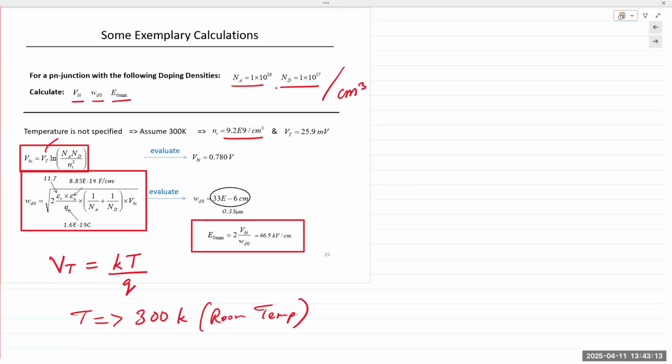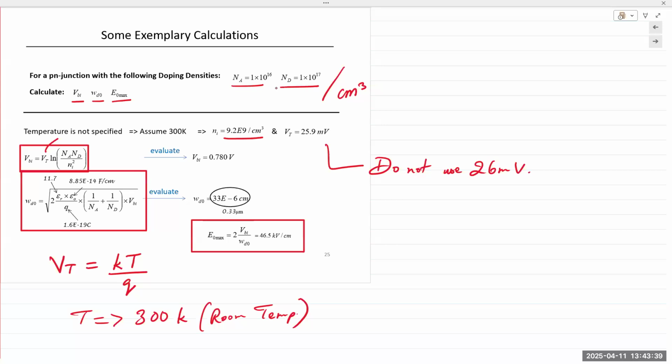Many books and authors like to use 25.9. There are also some books out there that I've seen. They simply like to use 26. Okay. But if you're performing a calculation, do not use 26. So I'm going to write it right now. Do not use 26 millivolts.